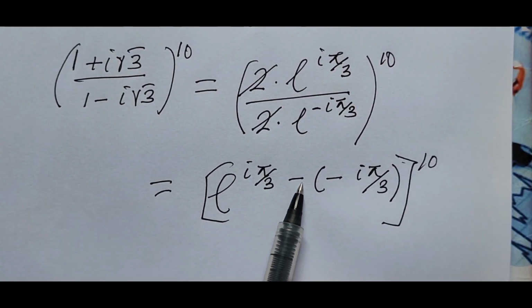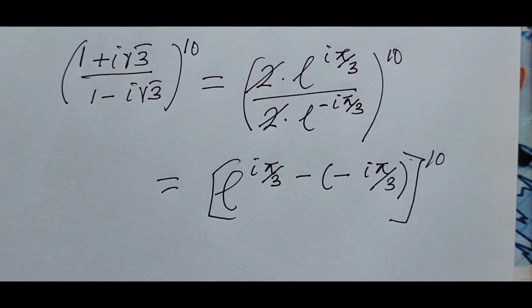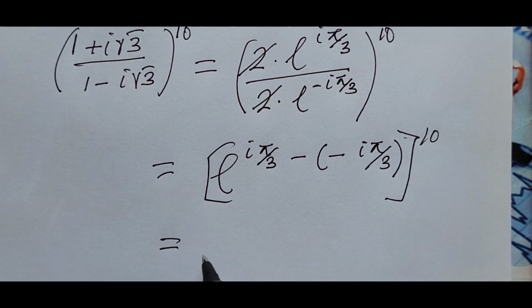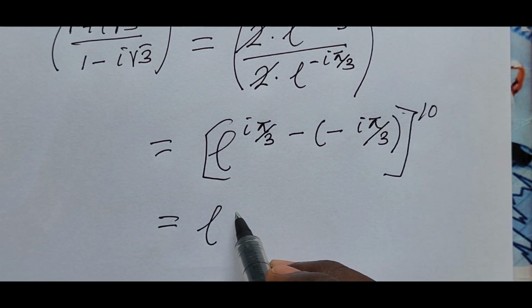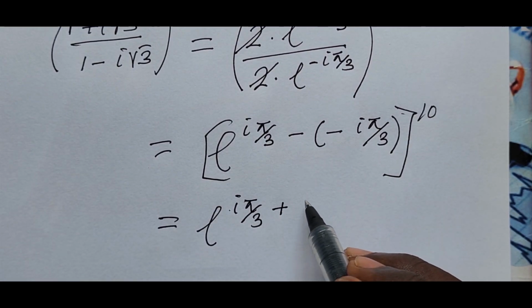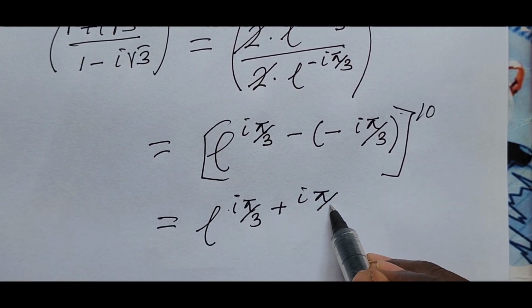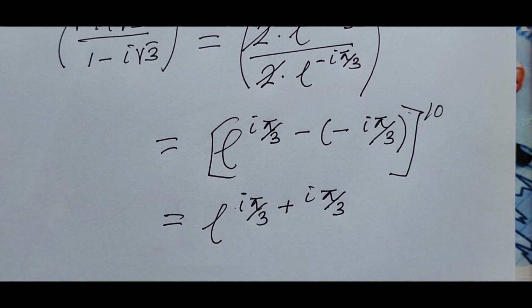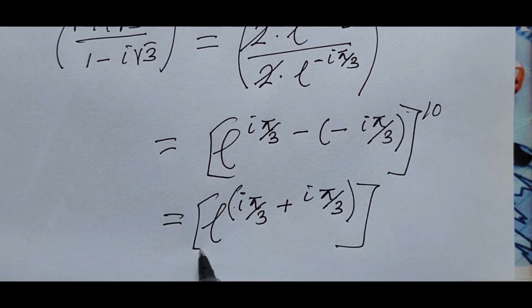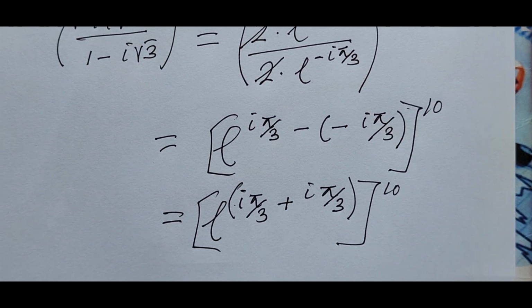So from here, minus times minus will give us plus. We know that, right? So this will end up giving us e to the power of i pi all over 3, then plus i pi all over 3. This is easy, right? Good. So everything further raised to the power of 10 here.